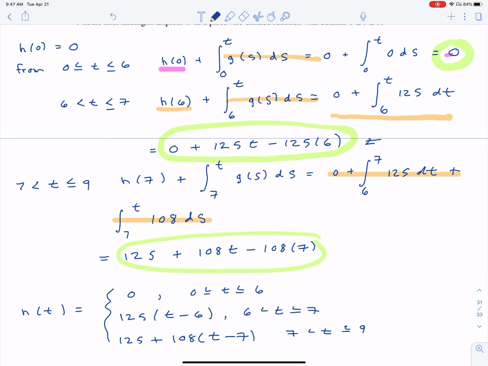Now, when we look at from time 6 to time 7, we've got to take how much snow she's removed from 0 to 6, which is 0, and add to it the amount of snow she's removing, the displacement of snow, from time 6 to whatever we're looking for in that interval from 6 to 7. And we're going to continue that.